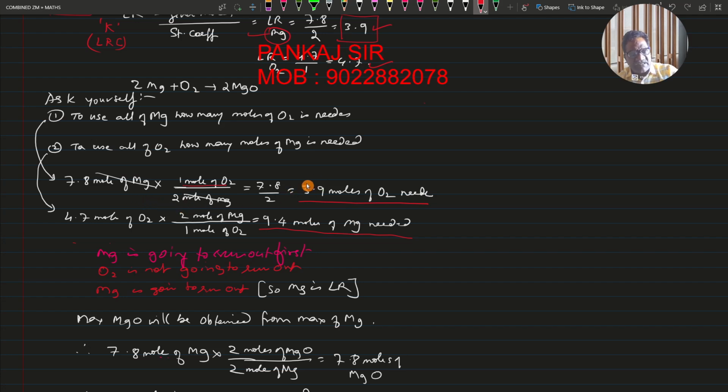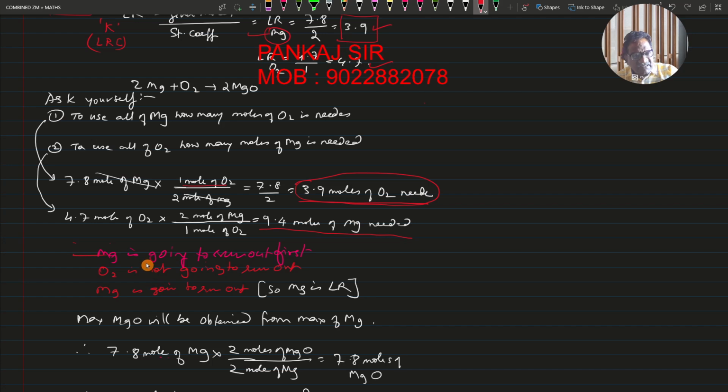Okay. So here 3.9 moles of oxygen is needed to completely use the magnesium. So your magnesium is the limiting reactant. Why? Because magnesium is going to run out first. The magnesium will run out first, it will get used up first. Oxygen is not going to run out first.